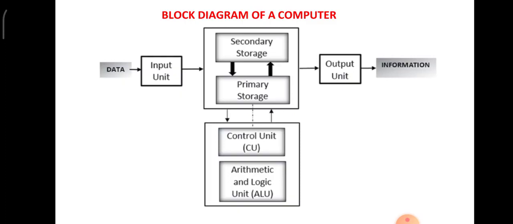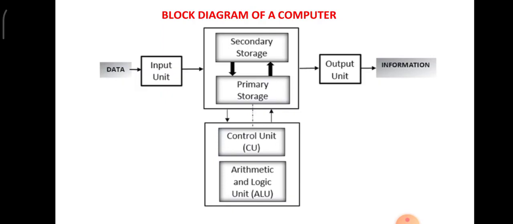RAM then transmits it to the central processing unit. As you can see in the box below, the central processing unit has a control unit and an arithmetic and logical unit. Now what does the control unit do? The control unit will check whether all the components are connected properly.